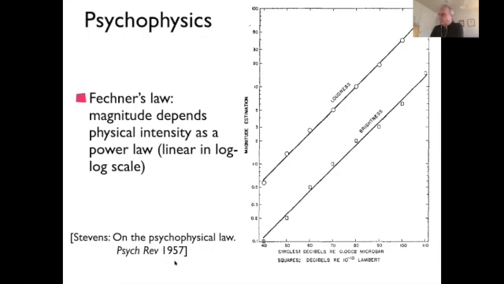It's actually very readable. And so Fechner's law, many of you will know that, it essentially establishes that the estimated magnitude of a stimulus depends on the physical intensity in a power law fashion. So when you plot it on a log scale, it's linear.